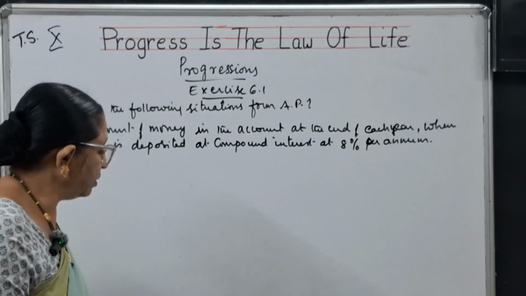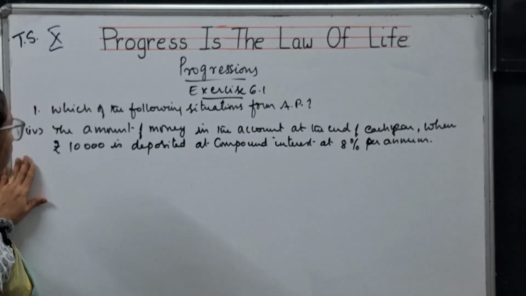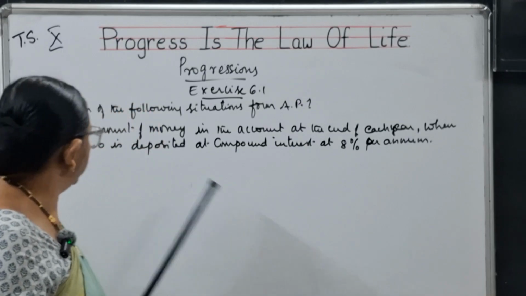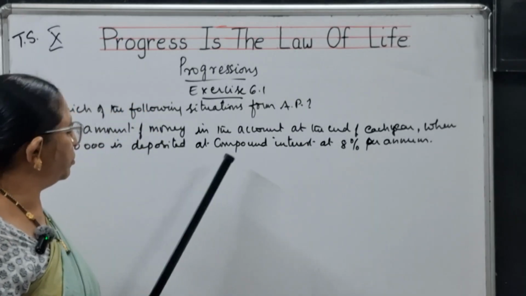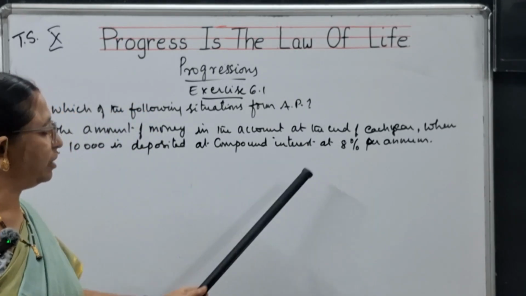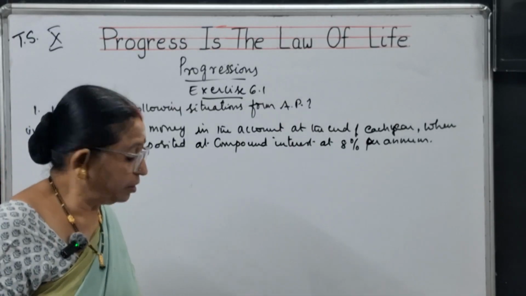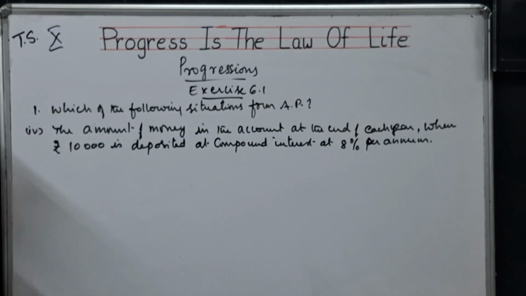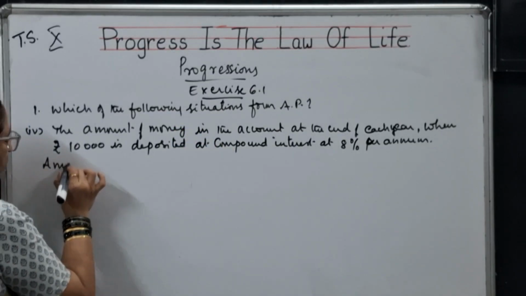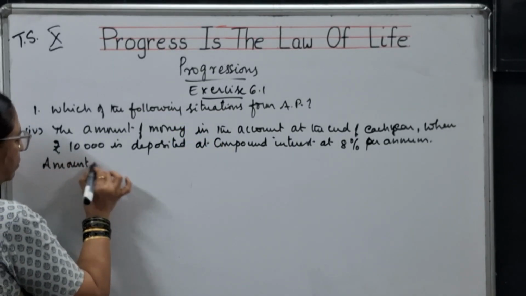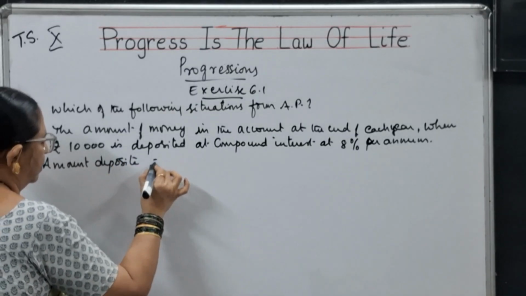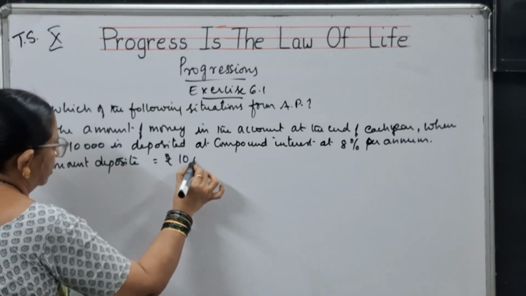Now the next one, children. This is the amount of money in the account at the end of each year when 10,000 is deposited at compound interest at 8% per annum. So here the original amount deposited in the bank is equal to rupees 10,000.